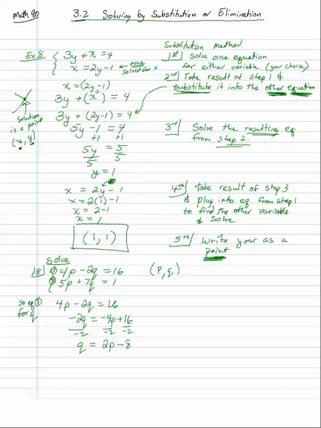Okay, so that's step 1. Now, step 2, take that result, the 2p minus 8, and substitute it for q in the other equation.